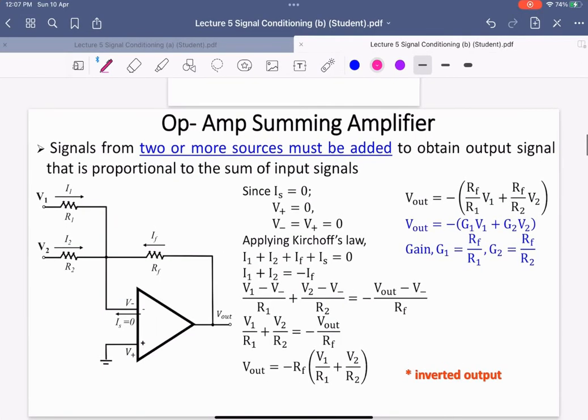For example, like this one, you can have V1, V2, and also another V3, and also another V4, right? This one R3, this one R4. You can add them together, and then you can amplify all the signals.